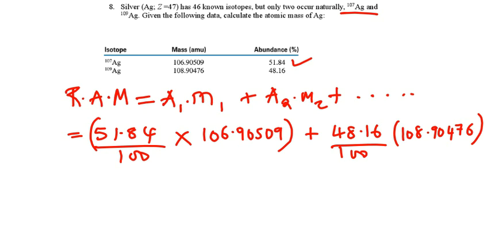I have mine here. 51.84 divided by 100 multiplied by 106.90509 plus 48.16, that's just going to be 0.4816 multiplied by 108.90476.